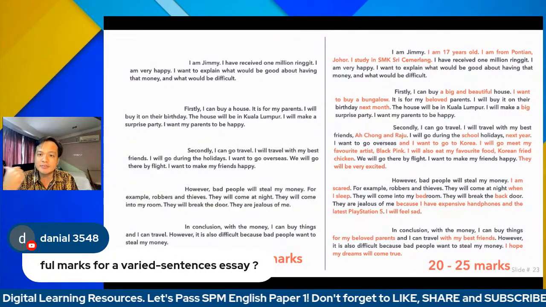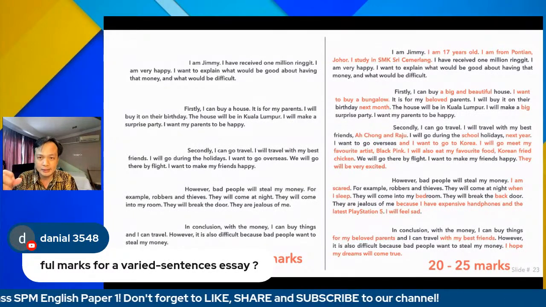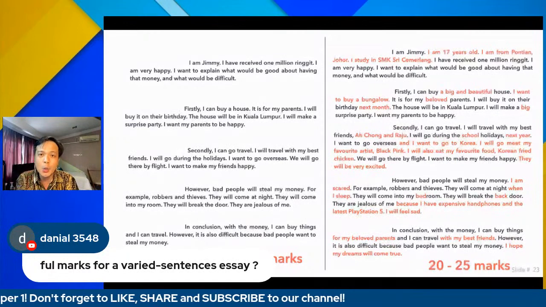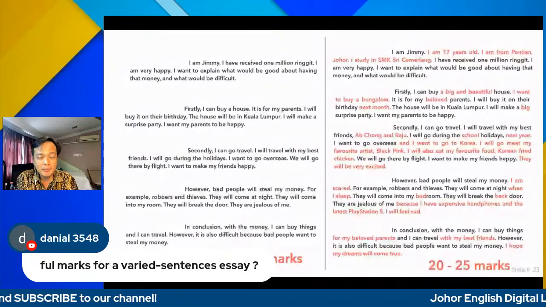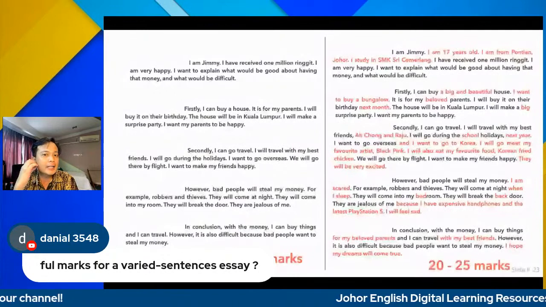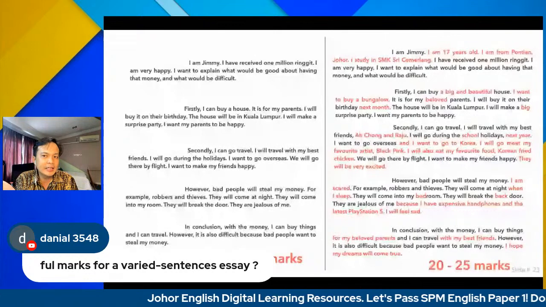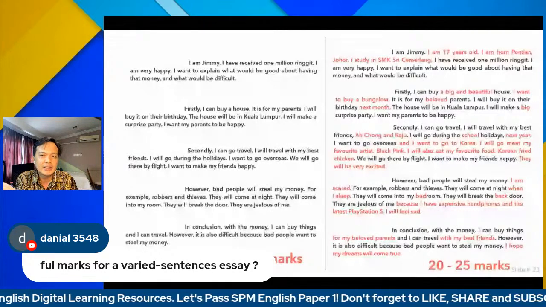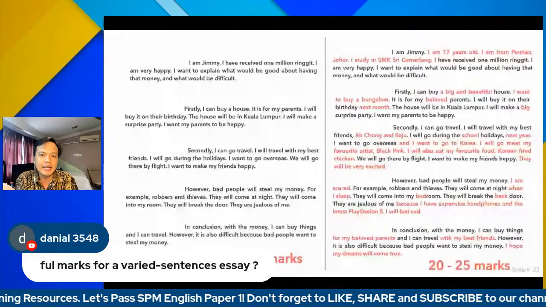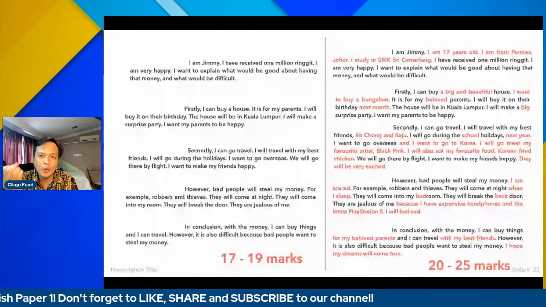If the essay is varied in sentence structure, if the essay really answers the question and there are no grammatical errors, then perhaps you will get a full mark. Okay, but I would say if it's standard like this, I think you get 25 marks, 26, 27. I think that would be it. Okay, if you want more, then perhaps you need to be more detailed.